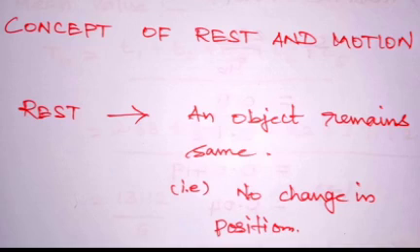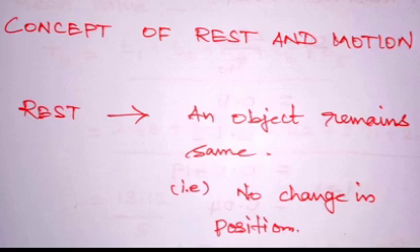Students, next we are going to see some important topics in this lesson which we studied in our earlier classes. The concept of rest and motion. What is rest? An object remains the same. That means the object never changes its position, or otherwise there is no force acting on an object, then it is said to be at rest. Some examples: the students sitting in the classroom while the teacher is taking the class.